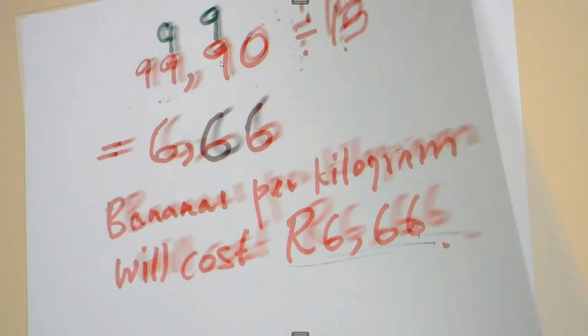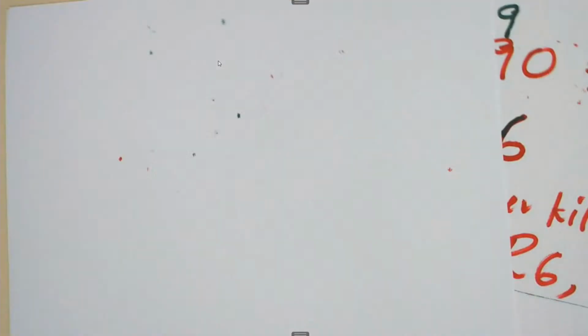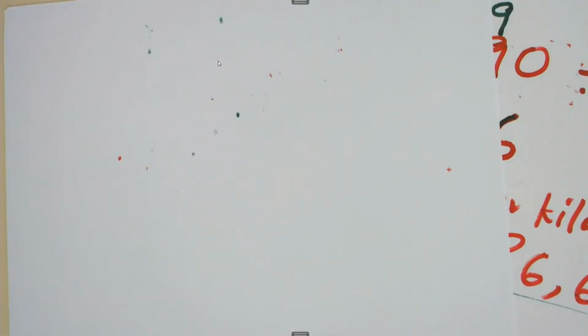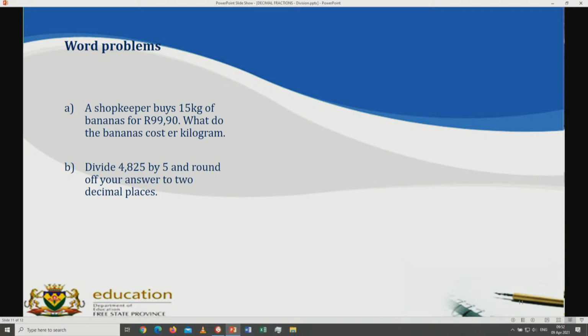Now, let us see the second one. What does it say? Straightforward: divide 4,8 by 5, and round off your answer to 2 decimal places.